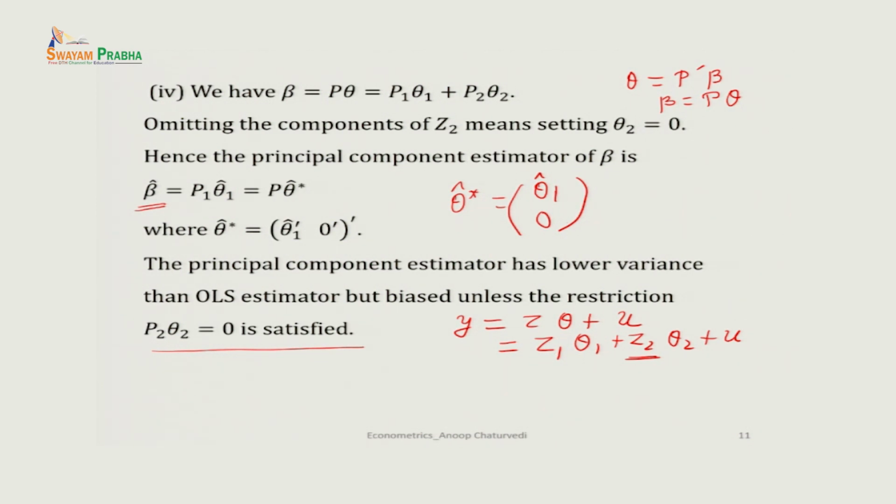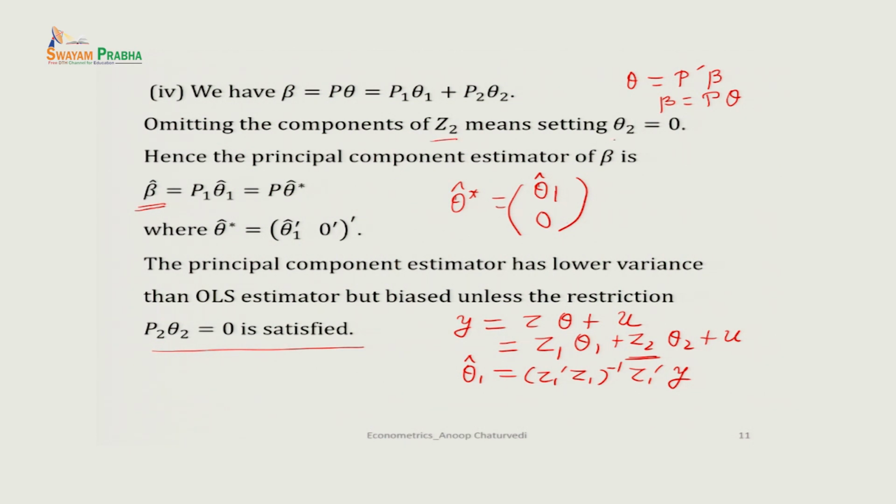So, you can easily verify that the OLS estimator of theta 1 is theta 1 hat equal to (Z1 transpose Z1) inverse Z1 transpose y. So, we obtain the OLS estimator of theta 1. Then you have beta equal to P theta. You write it as P1 theta 1 plus P2 theta 2, and you want to omit the components Z2.